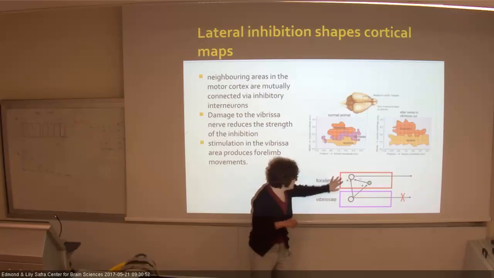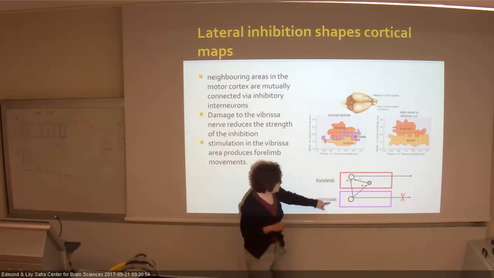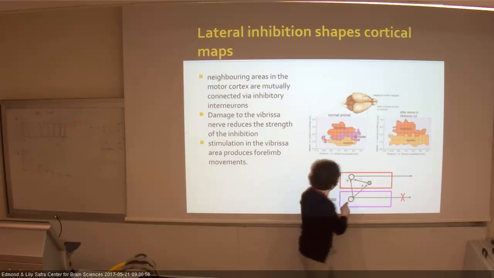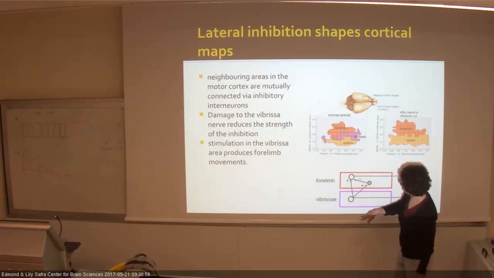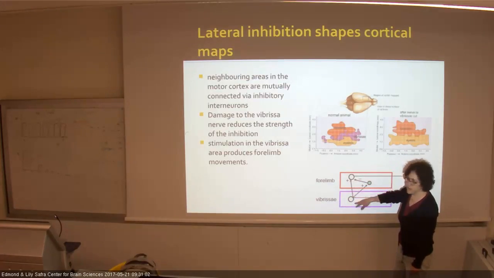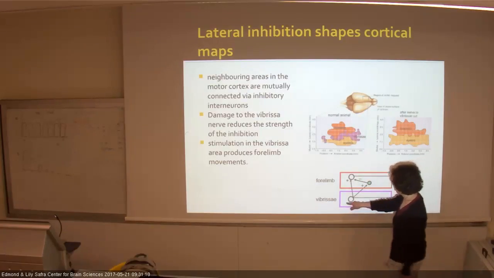So if this is the forelimb and this is the vibrissa, normally you have this. If you stimulate in the vibrissa area, although there are also efferent connections, they are suppressed via this inhibitory connection.